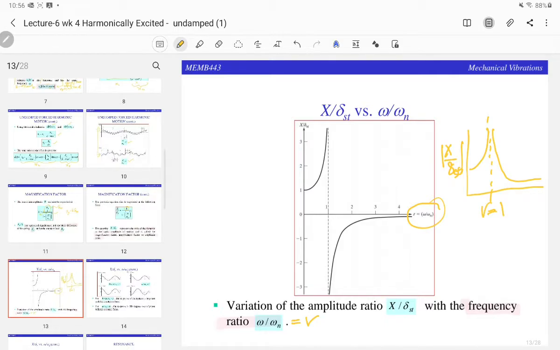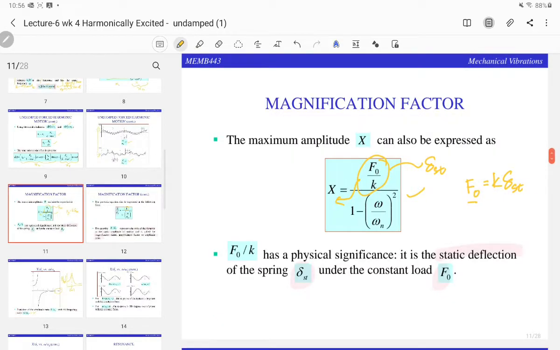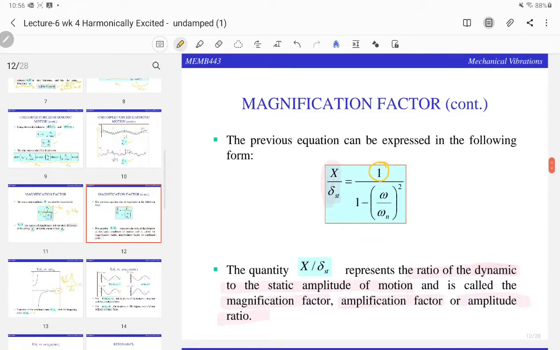What does that mean? If you look back at this equation, maybe this equation is better, when you have R equals to 1, you are going to get 1 minus 1, which is equal to 0. At R equals to 1, or omega equals to omega n, or at resonance in other words, that's why it goes to infinity.